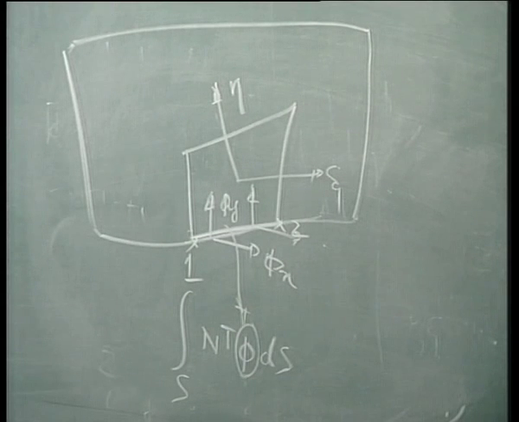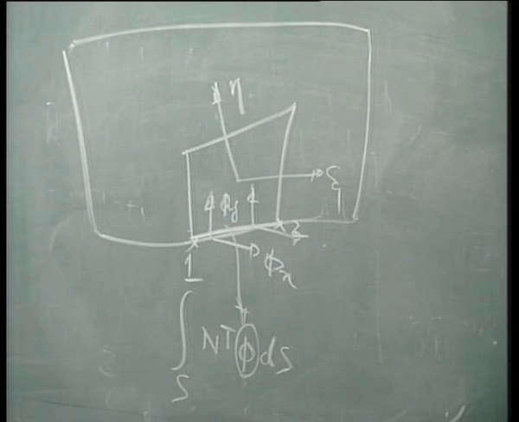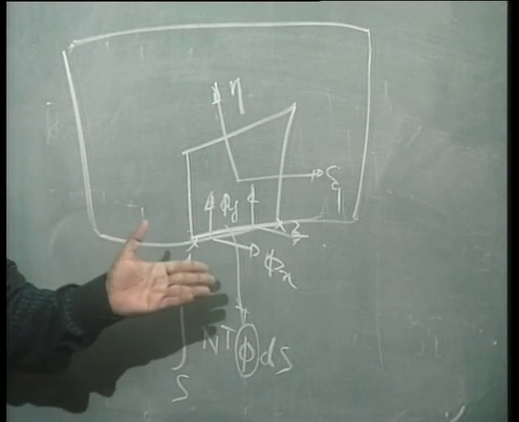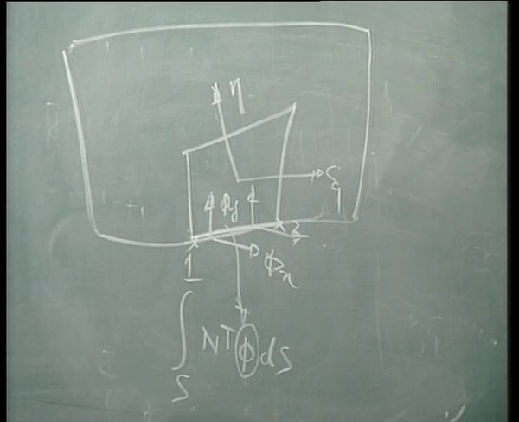So the whole idea now is to calculate N transpose phi ds. How are we going to calculate it? Because we are in what is called the natural coordinate system. We have already transformed the element into a natural coordinate system, and hence my job is to now transform this equation as well to the natural coordinate system.